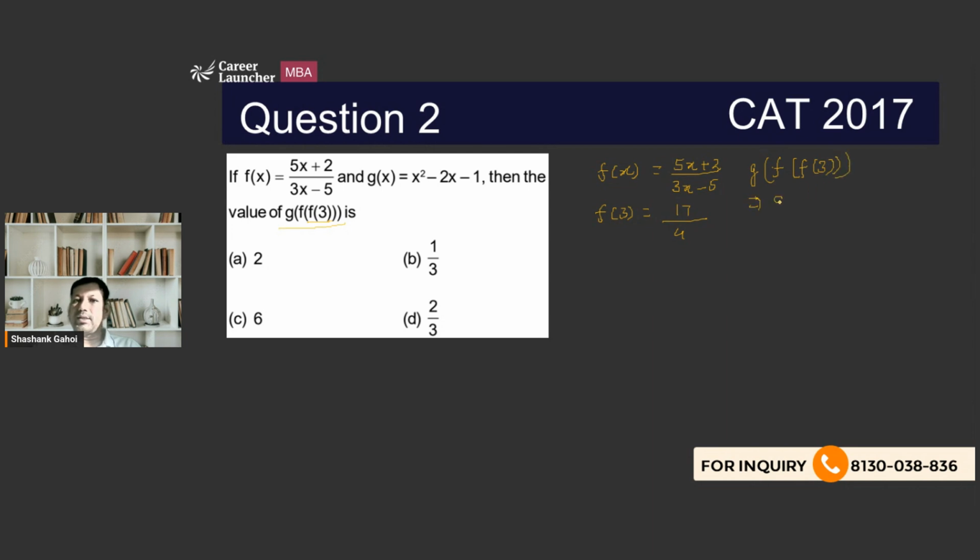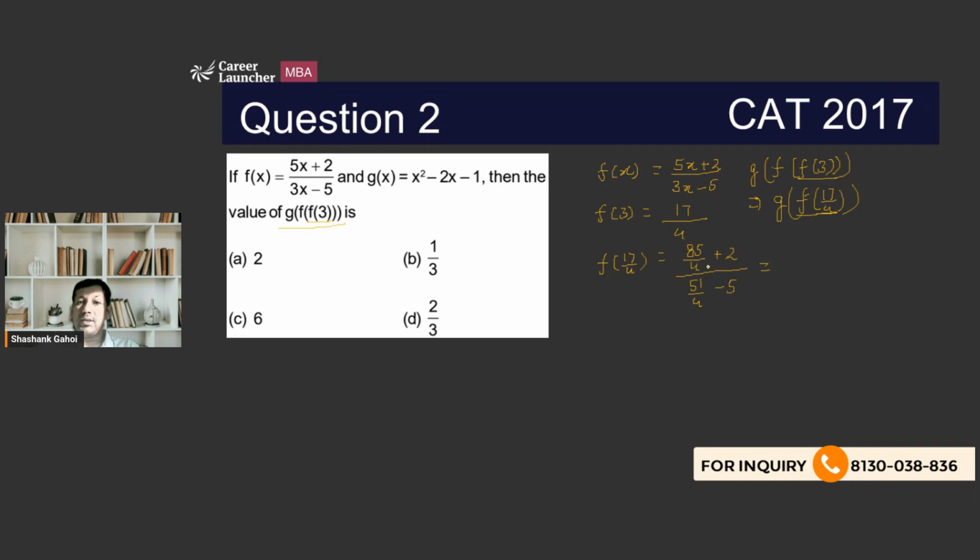Now f(3) is 17 upon 4, right? So I am just replacing f(3) with 17 by 4. Now what I need to calculate is the value of f of 17 by 4. So I am replacing x by 17 by 4. 17 fives are 85 upon 4, plus 2 upon this is going to be 3 into 17, so 51 by 4, minus 5.